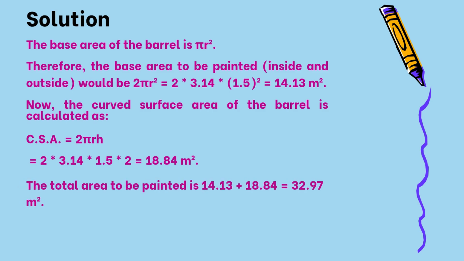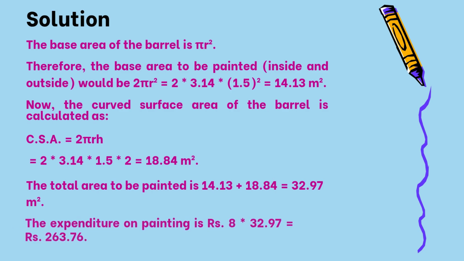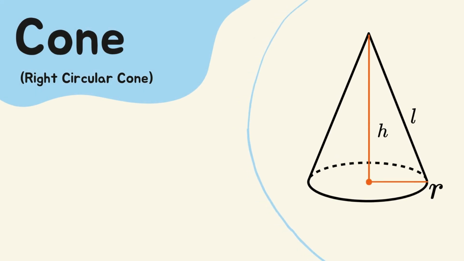The total area to be painted is 14.13 plus 18.84 equals 32.97 square meters. The expenditure on painting is rupees 8 times 32.97 equals rupees 263.76.